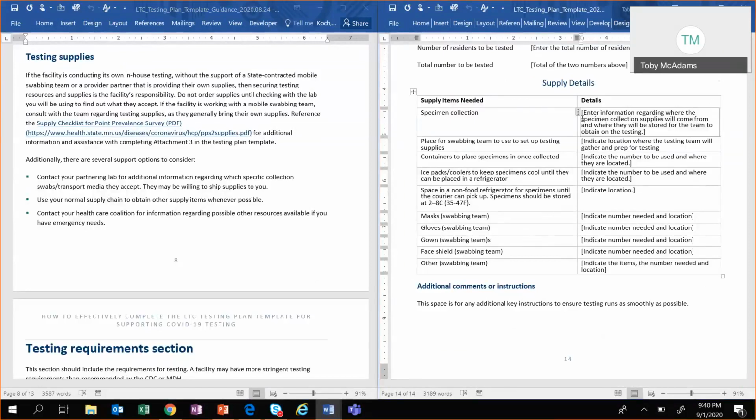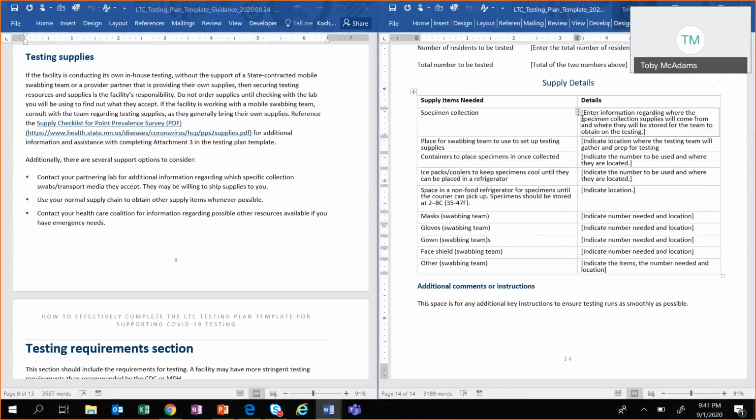and you find out that your lab, for instance, is not going to provide specimen collection media, then you'll want to ensure you have that and that you have plenty of it to cover all of the different testing cycles you may be doing. If you're working with the state contracted lab, as an example, they're going to be supplying the specimen collection for you.